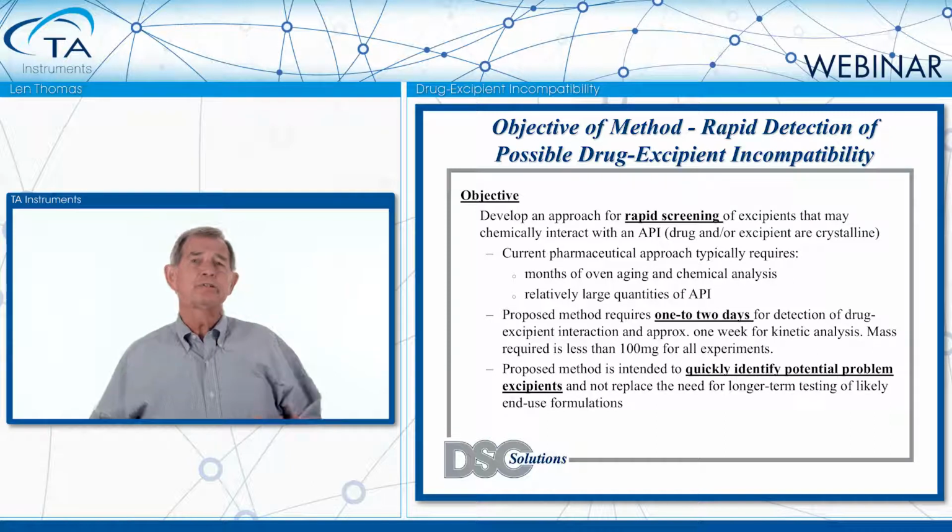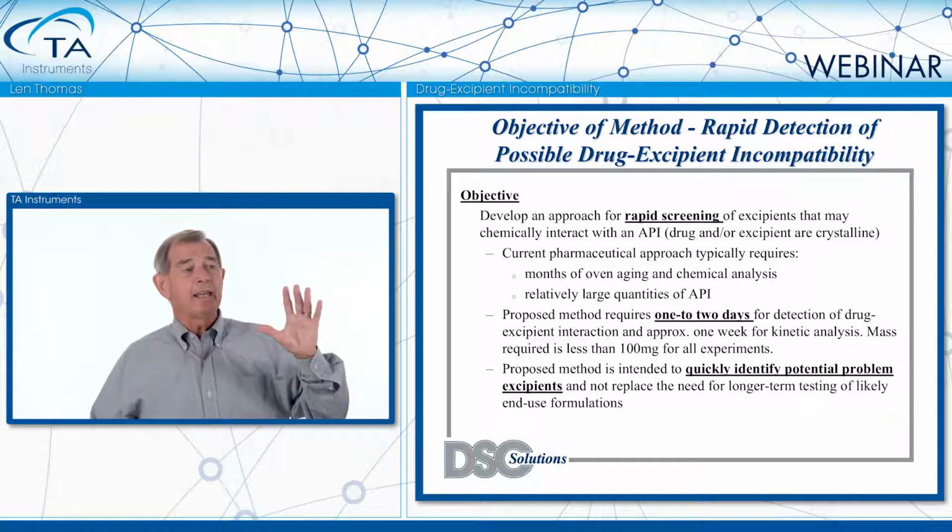Now, in terms of the objective of this presentation, of the research that we did in trying to develop the application, what we're trying to do is to come up with a technique that provides rapid screening for drug-excipient incompatibility. Why rapid screening?